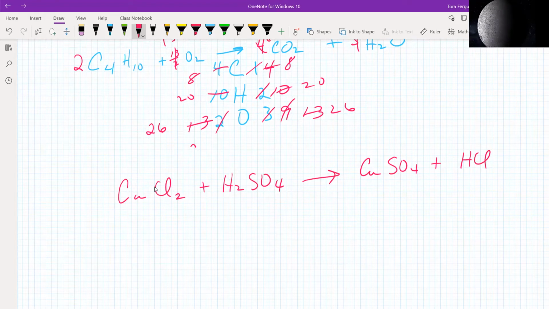Okay, so look at the inventory to see if this is balanced.